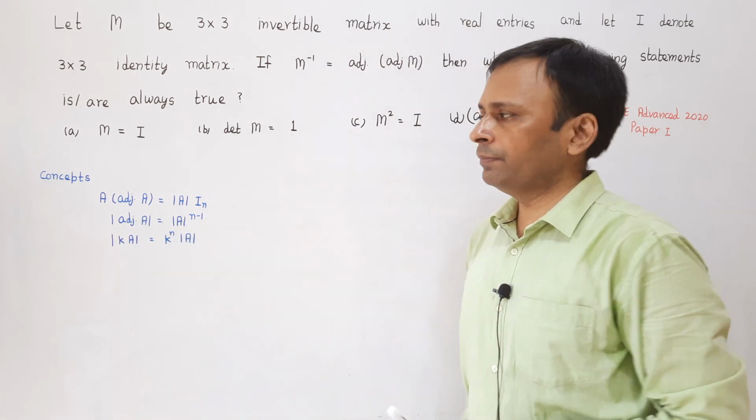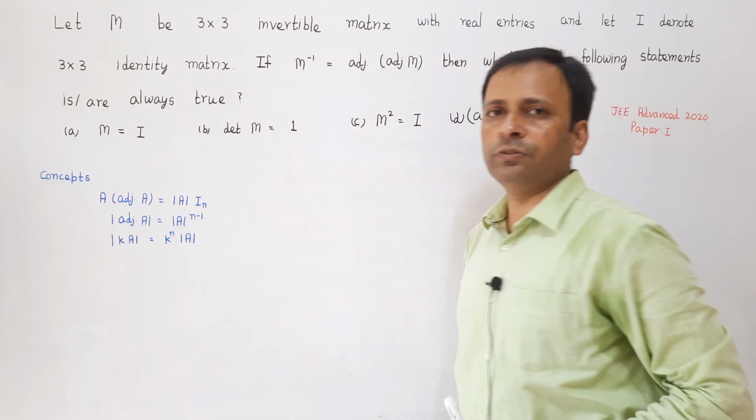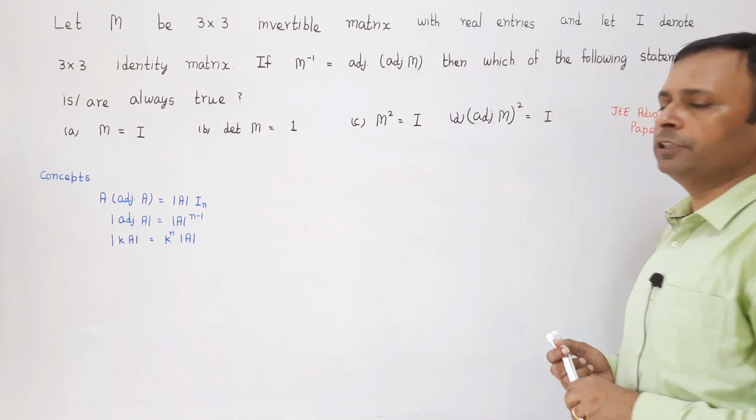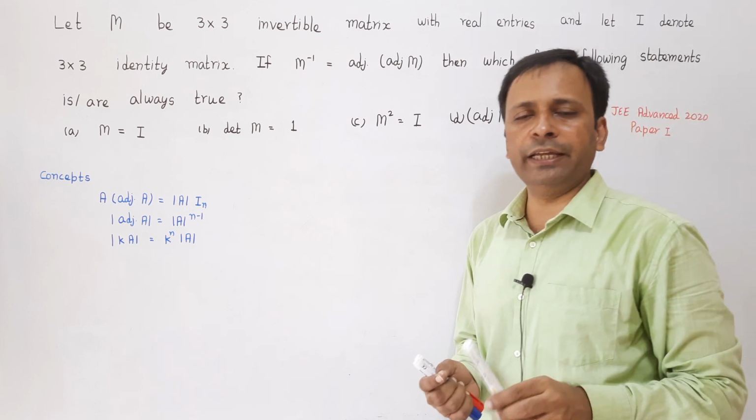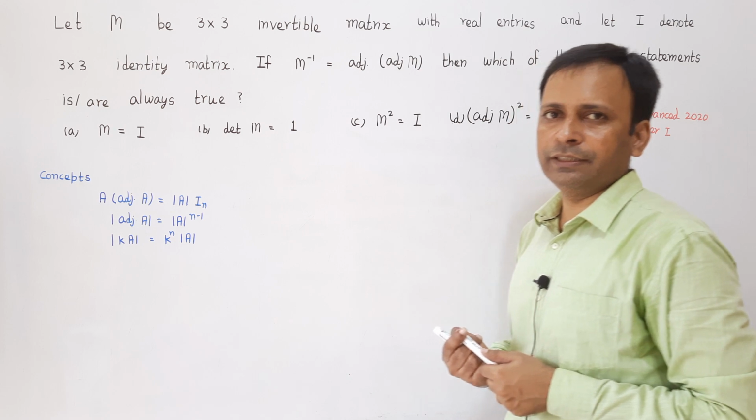The second important property is the determinant of the adjoint of A is equal to the determinant of A raised to the power n minus 1. Here n is the order of that matrix A.